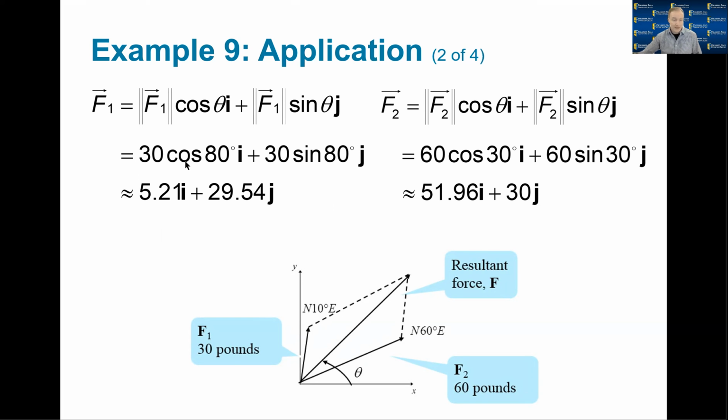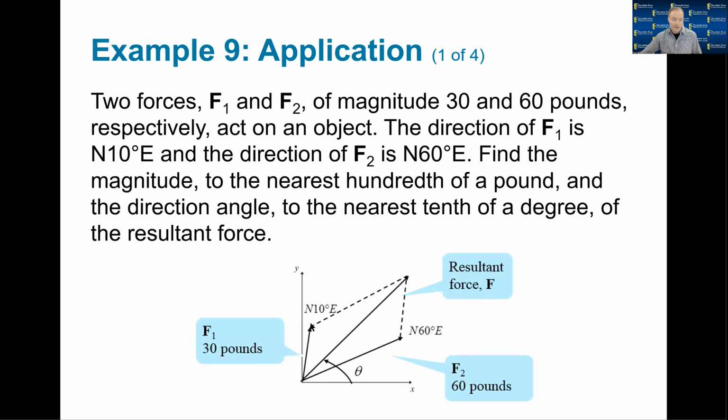Now, this is just calculator. You'd say 30 cosine of 80, I get 5.21i. And 30 sine 80, I get 29.54. So it makes sense that of this 30 pounds of force, if it's acting at an angle of 10 degrees east of north, clearly more of the force is going north than it is moving to the right.